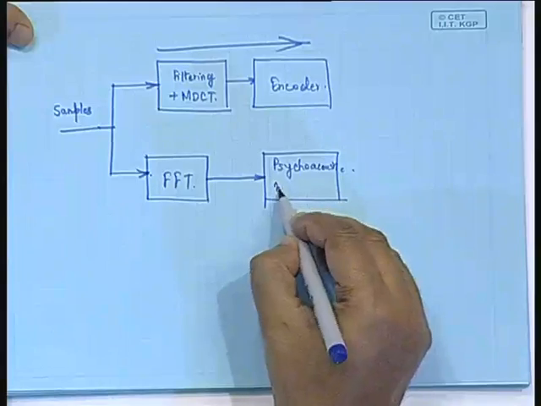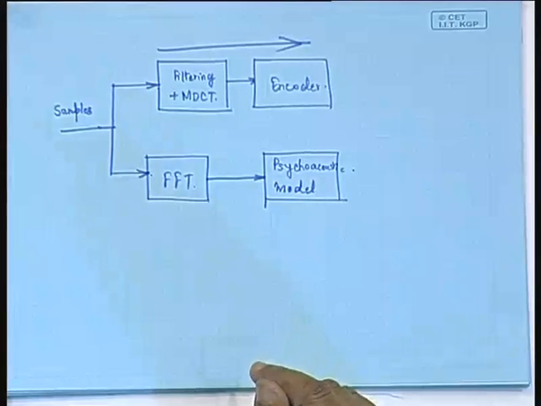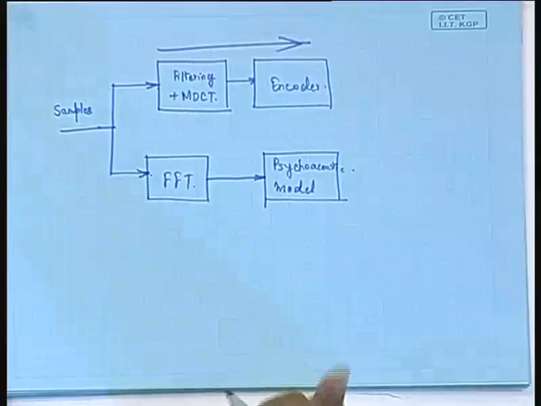And once the overall masking threshold is obtained, the psychoacoustic model will then decide what should be the bit allocation strategy for those samples.